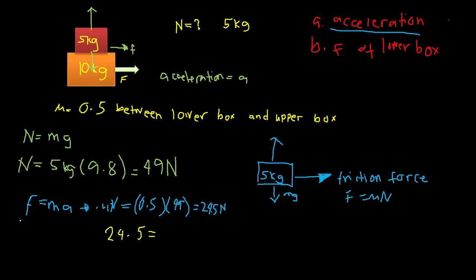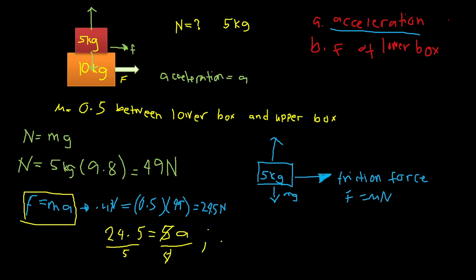Force is equal to mass times acceleration. So, force natin ay 24.5 tapos yung mass natin ay 5 times A kasi wala pa tayong acceleration. So, para makuha natin tong si acceleration, divide natin both side by 5. 5, 5. So, ito cancel na.